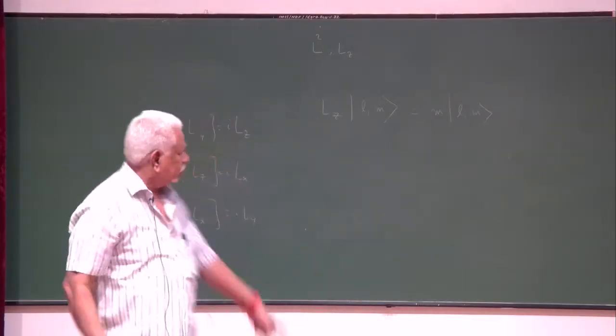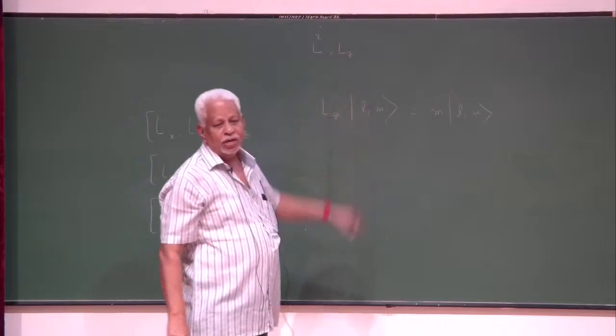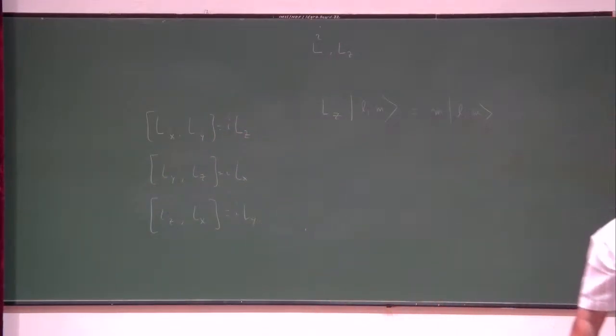What is the meaning of this notation? It is a column vector of the different eigenvalues of M, Lz, in that diagonal basis. This is the standard notation in quantum physics, the ket notation. Ket tells me it is a ket vector, a column with the various values of M.